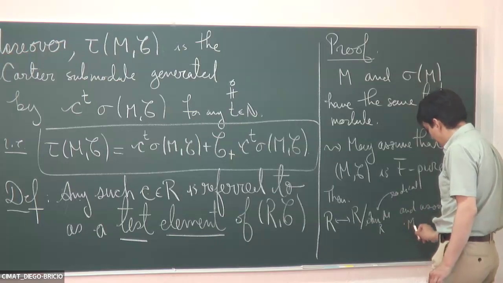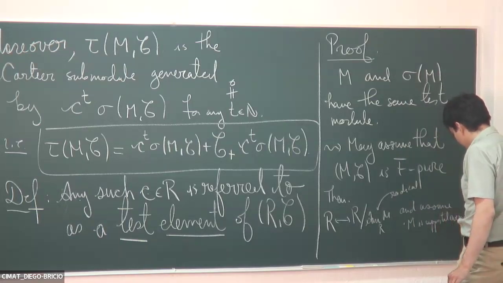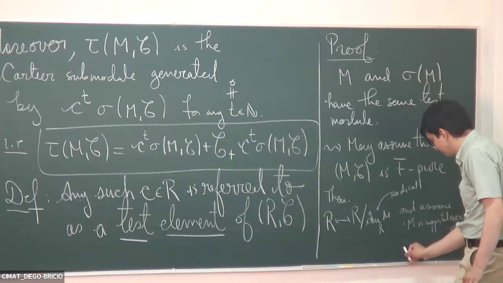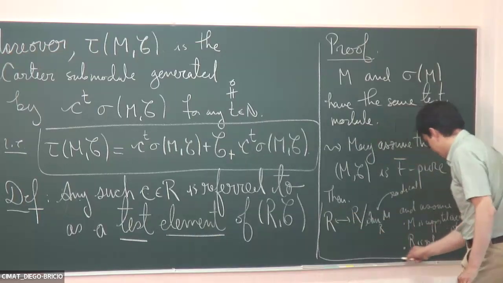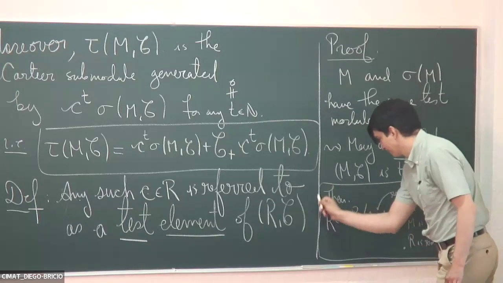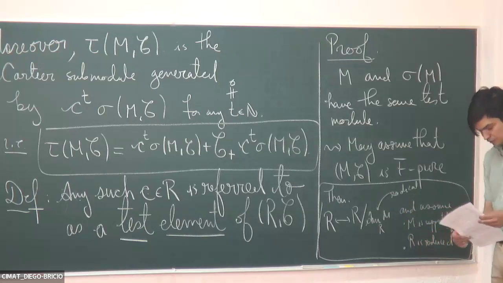First of all, n is supported everywhere. In other words, the support of n is the spectrum of R. And second, R is reduced.